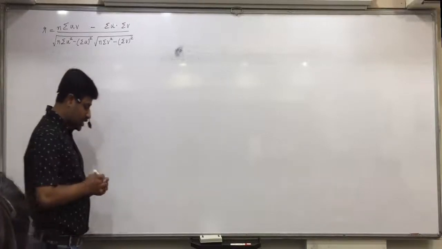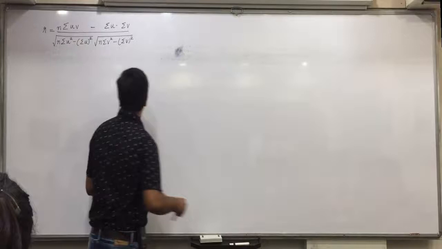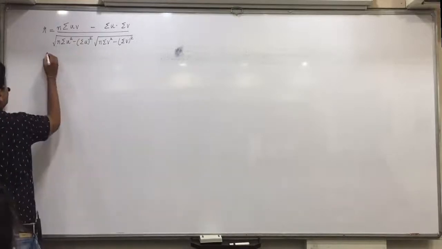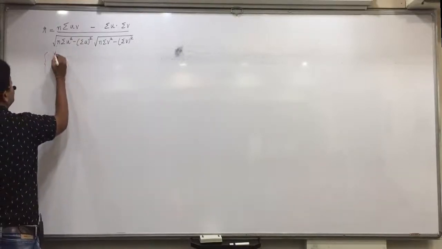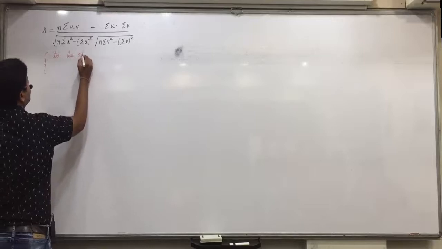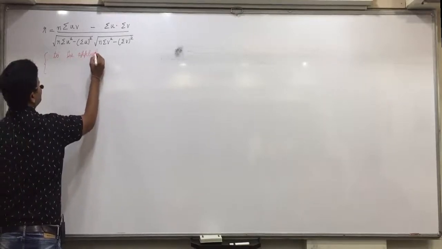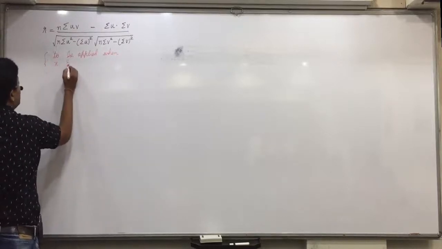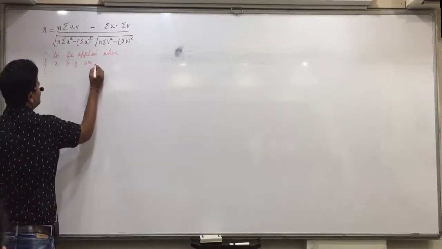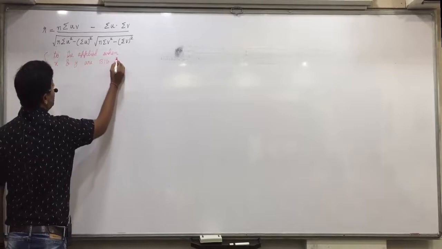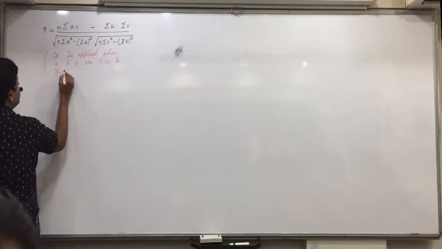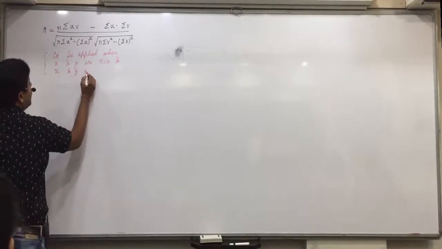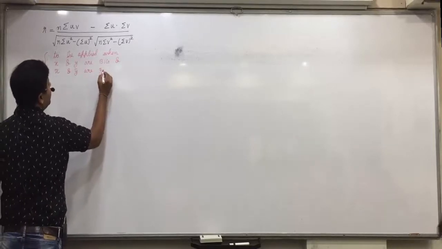Now when to use this formula? It is to be applied when, first condition, again x and y are big. Big means more than 20. And second condition, x bar and y bar are in fractions.